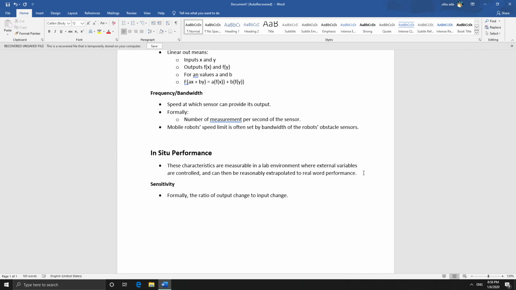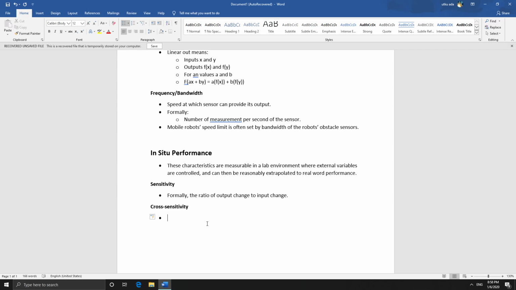And then we have cross sensitivity, which is effectively the sensitivity of the robot to what it needs to measure, while disregarding and being insensitive to any other properties, any other variables.